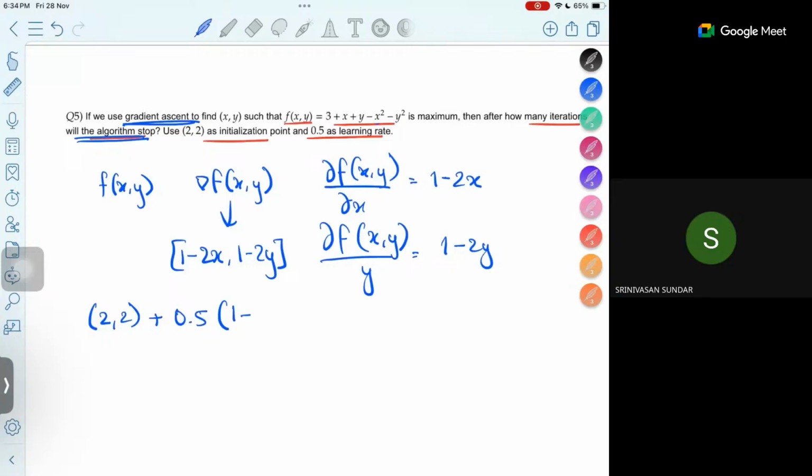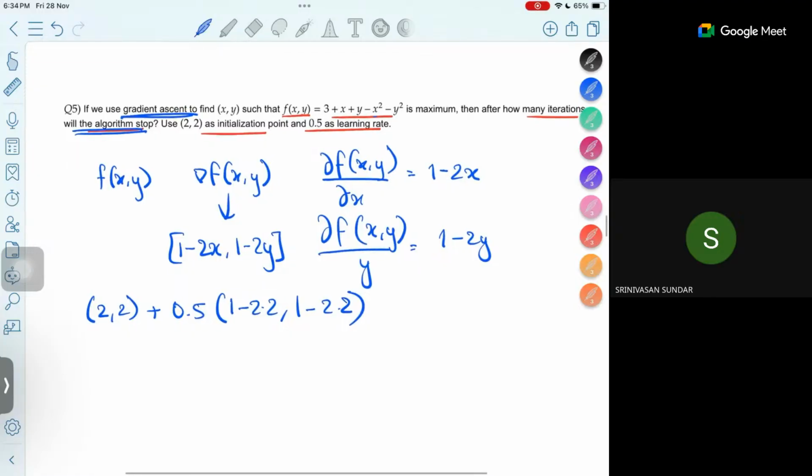So this will be 1 minus 2 times 2 comma 1 minus 2 times 2 again. So this is 2 comma 2 plus 0.5 into 1 minus 4, which is minus 3 comma minus 3.